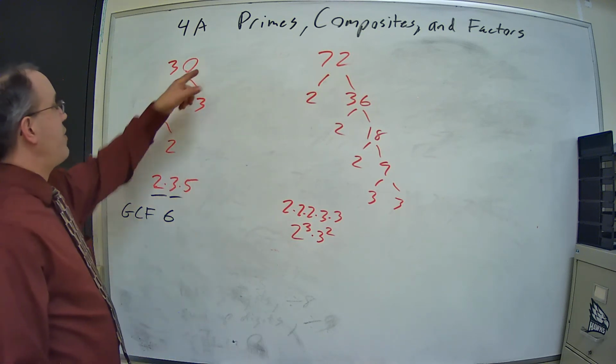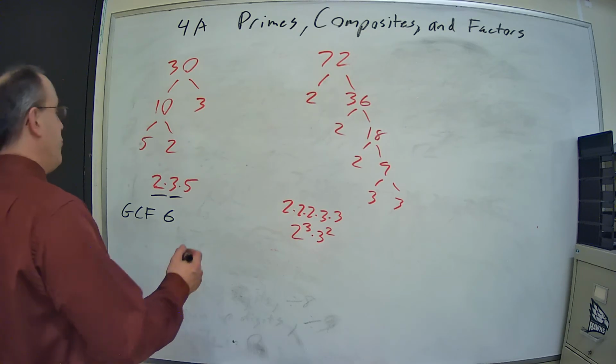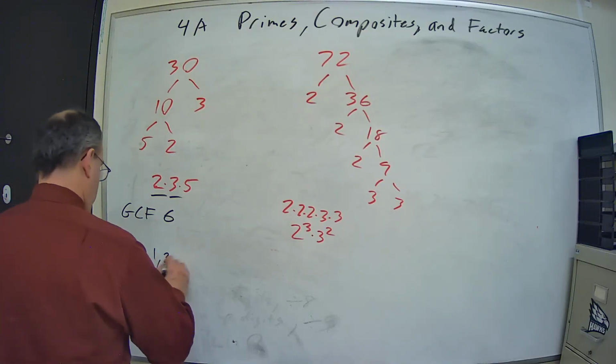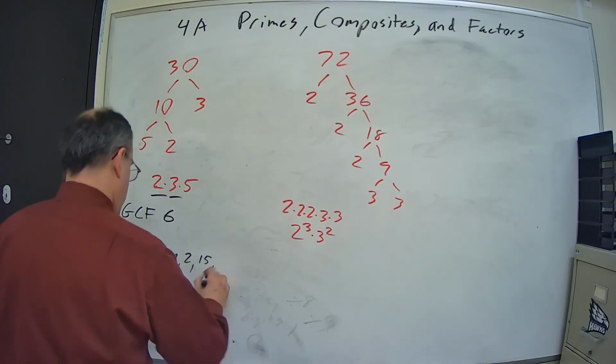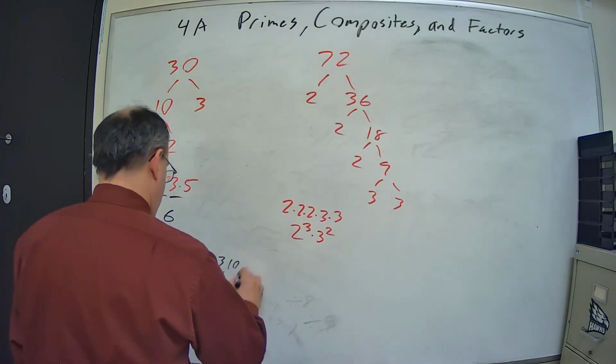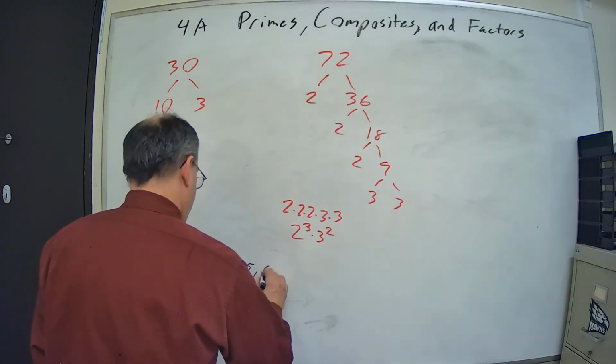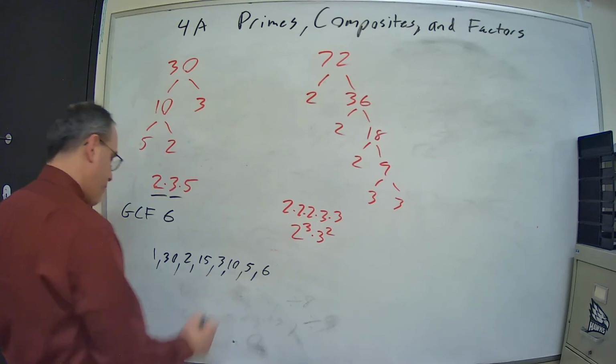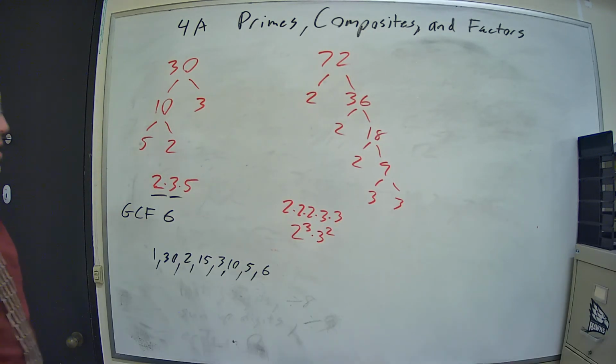Don't believe me? Well, let's try the factors of this. Factors of 30 are 1 and 30, 2 and 15, 3 and 10, 5 and 6. Okay, what about 72?